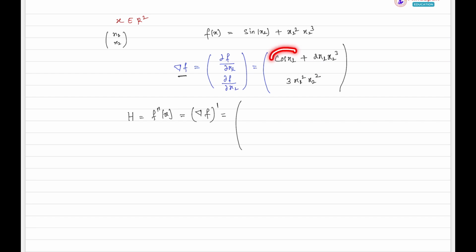So just pick this function f1 and take the partial derivative with respect to all the variables. So let's first take this function and take the partial derivative with respect to variable x1, right? So in that case it will be minus sin x1 plus 2x2 cube, right?